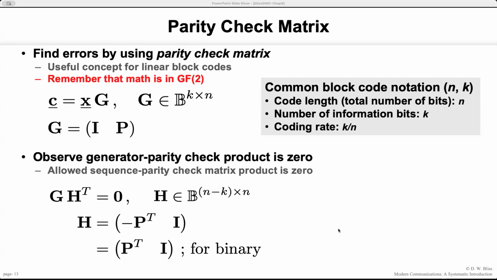The next observation is that for binary, addition is subtraction, so negative P is the same as P. So the parity check matrix then is P transpose I. If you know the generator matrix, you can immediately write down the parity check matrix.